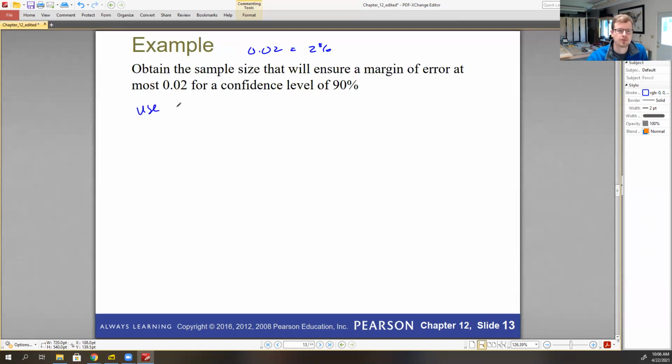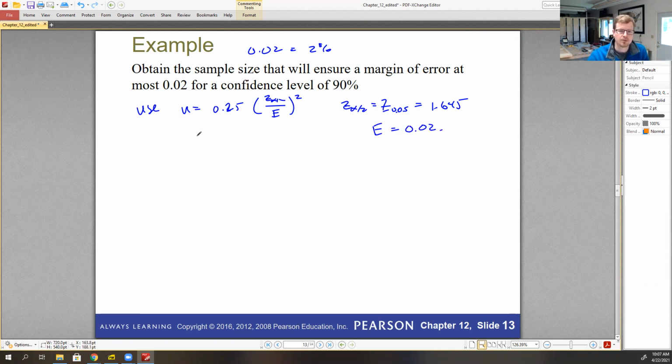So n is equal to 0.25, 1/2 times 1/2 is 0.25, times z sub alpha over 2 divided by, not n, the desired error, squared. In this case, z sub alpha over 2 is z sub 0.05, which we have already discussed is 1.645. And the desired error we have specified as 0.02.